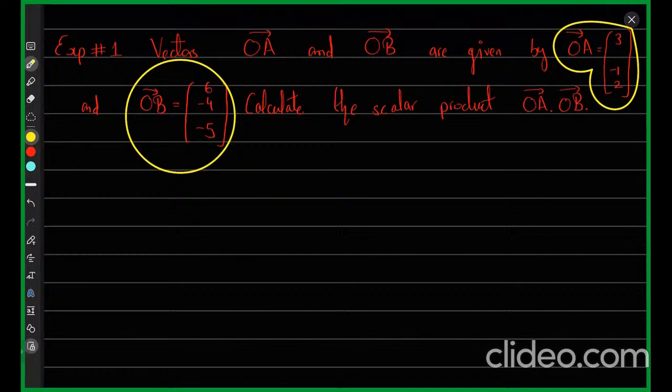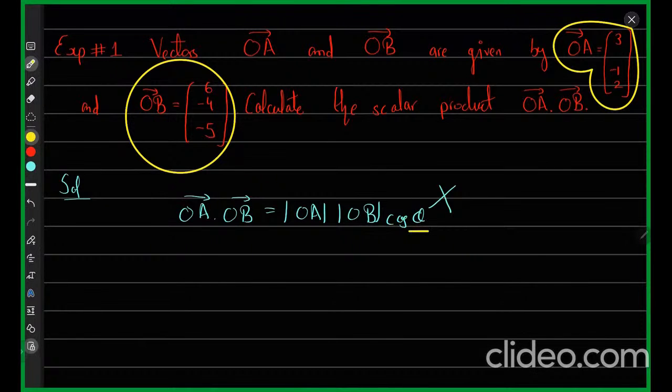Okay. So as I've told you earlier as well, we need to think wisely. If I say that OA dot OB is equal to the magnitude of OA multiplied by the magnitude of OB into cos of theta, this would make no sense because in this question, I do not have the angle between the two vectors.